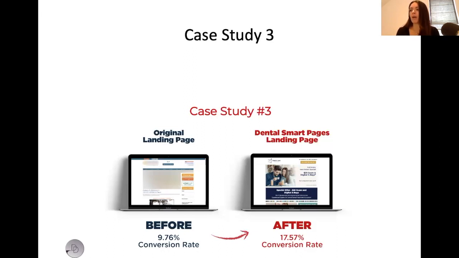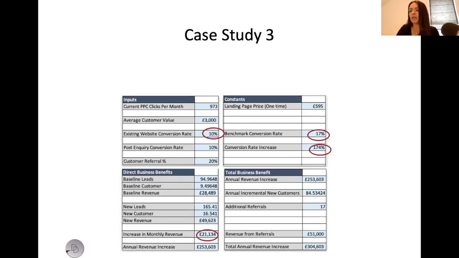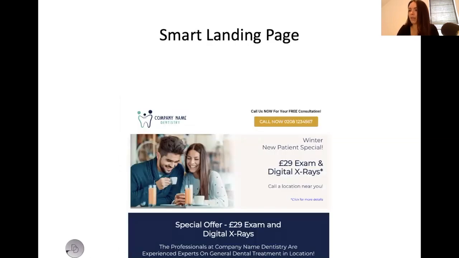And here we've got a practice that was running a fairly high converting page already. So it was over 9% already, but we managed to double their conversion rate. So their increase in total annual revenue for them was in excess of £300,000. So all of this money would have been left on the table if we didn't introduce our Dental Smart landing pages. So you can see the difference that actually makes.